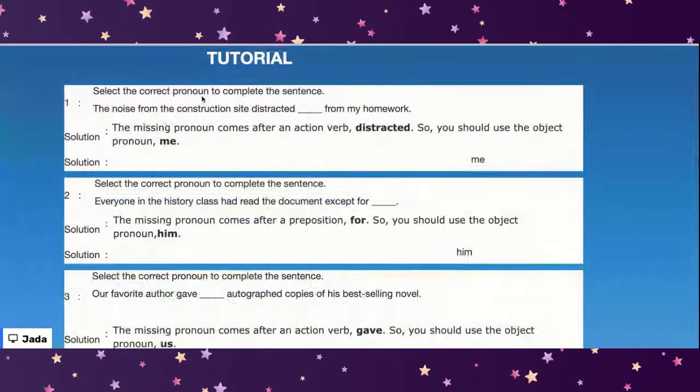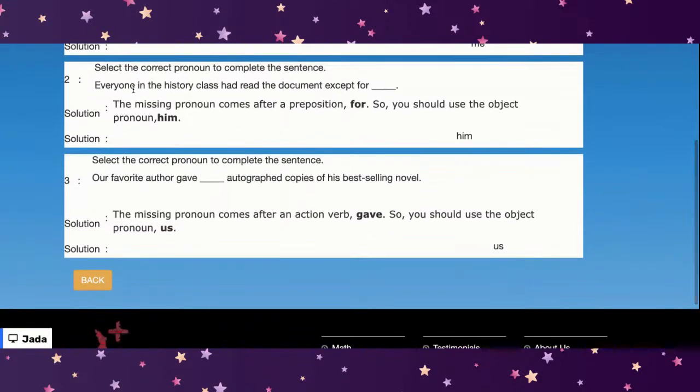Okay, let's see some more sentences. The noise from the construction site distracted dash from my homework. So the noise from the construction site distracted me from my homework. The action verb is distracted. Everyone in the history class had read the document except for him. So the preposition is for, and him, the object pronoun, is used after the preposition.